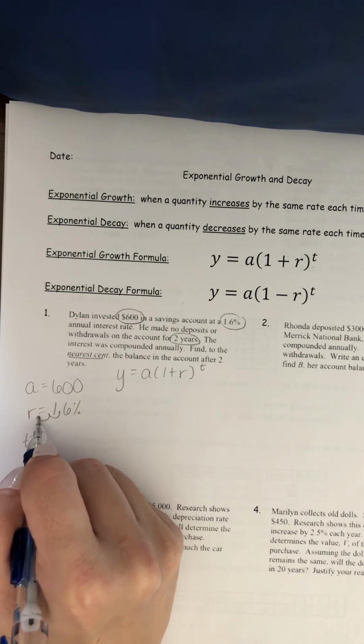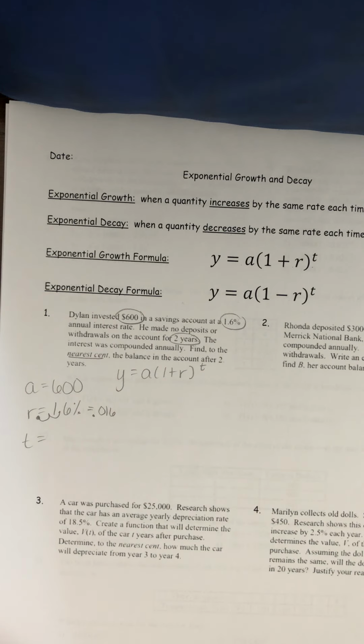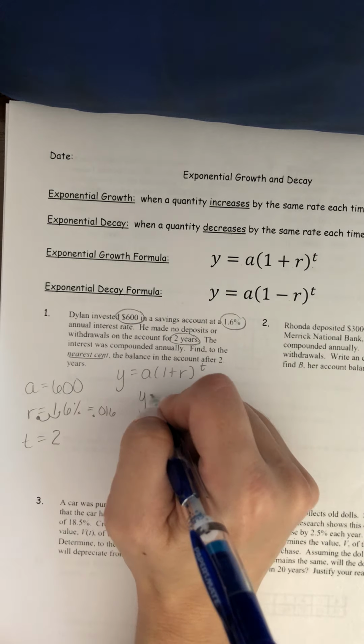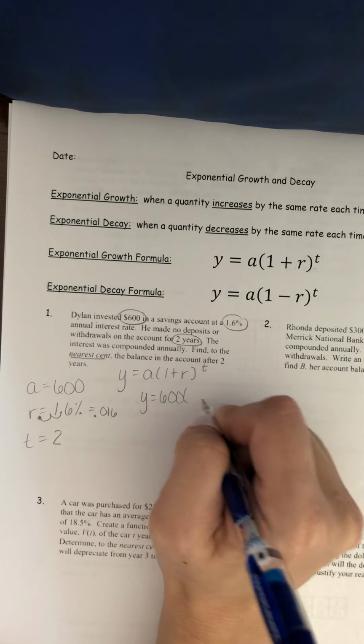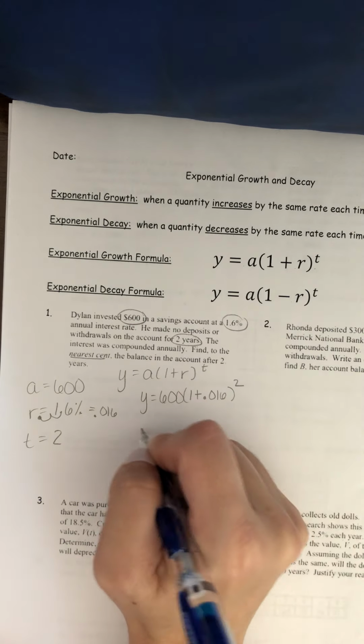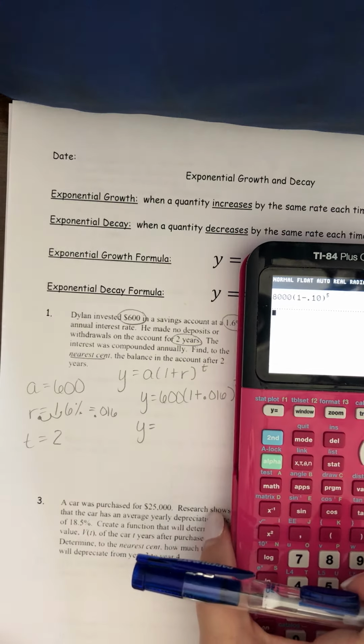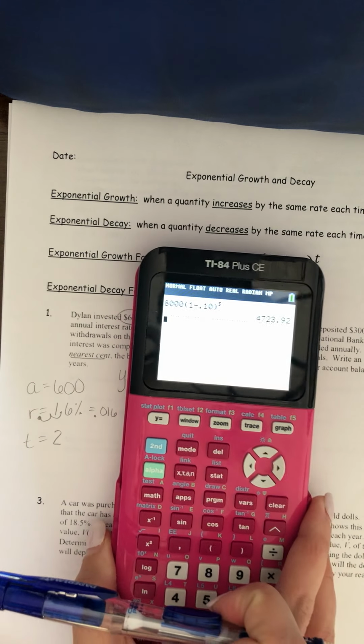So we still need to move our decimal over, so it's 0.016. And then our time is 2 years. So Y equals, our A is 600, our R is 0.016, and our time is 2. So just like before, I'm going to type that all directly in my calculator.